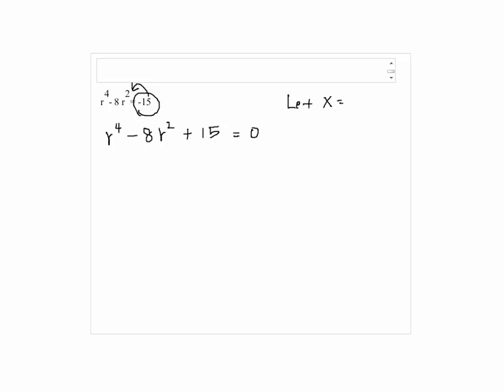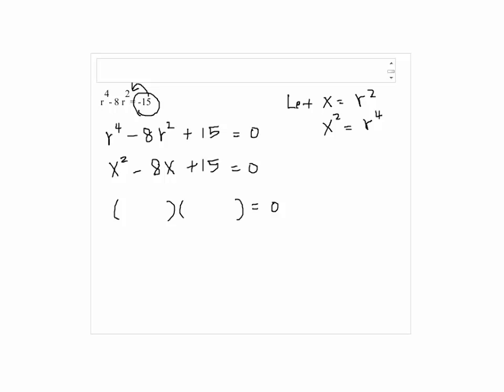Now let x be r squared, so that x squared will be r to the 4th power. So we're going to rewrite the equation in terms of x and x squared. So we have x squared minus 8x plus 15 equals 0.